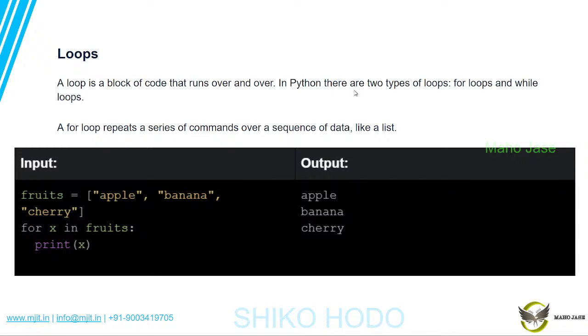In Python, there are two kinds of loops, a for loop and a while loop. A loop repeats a series of commands over a sequence of data. Take an example of three students. The teacher has instructed the three students to repeat the numbers 1 to 5.